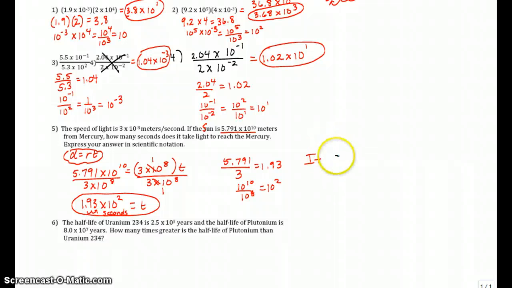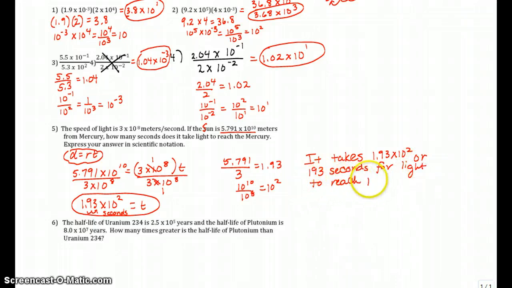But it would be better if you wrote it takes 1.93 times 10 to the second, or 193 seconds, for light to reach Mercury from the sun.